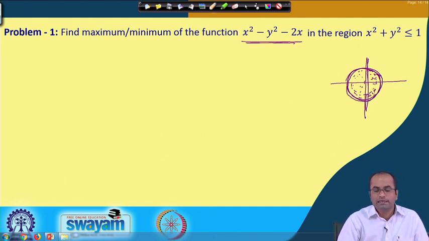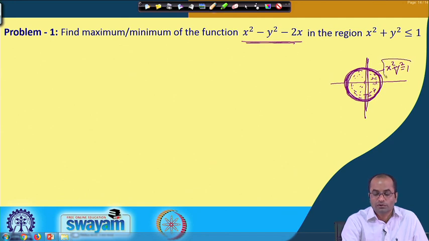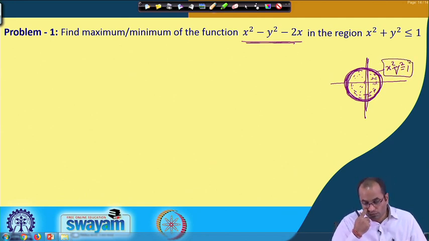And now, we will deal with it in two ways. In all these problems when such a region is given, the boundary here is x square plus y square equal to 1. So, we will break it into two problems.